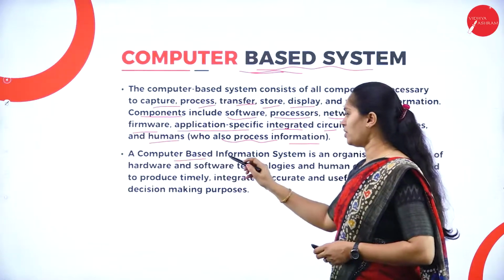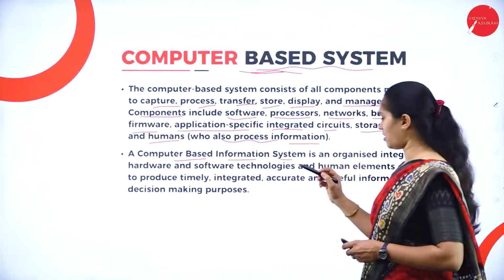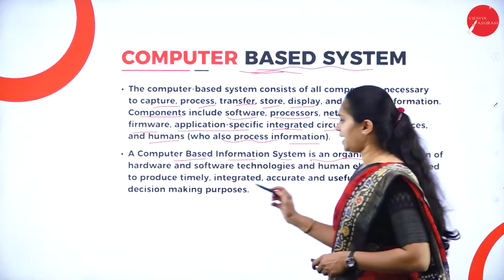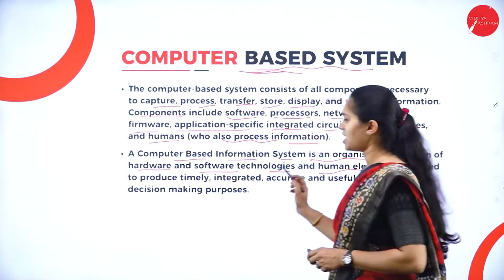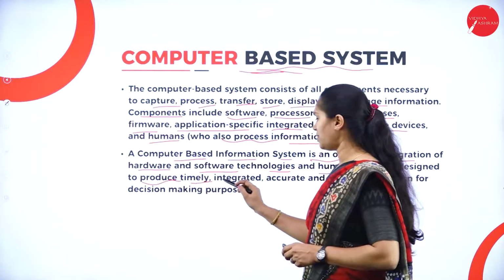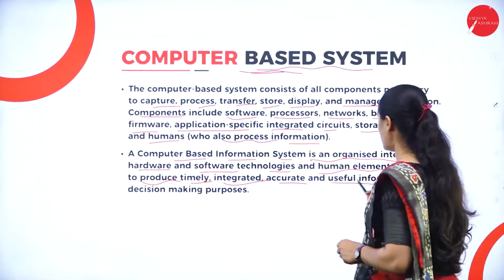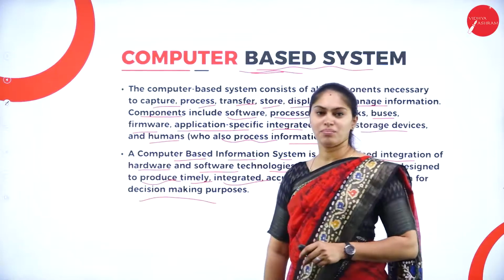And we also have the computer-based information system. It's an organized integration of hardware, software, technologies and human elements, designed to produce timely, integrated and accurate useful information for decision making.